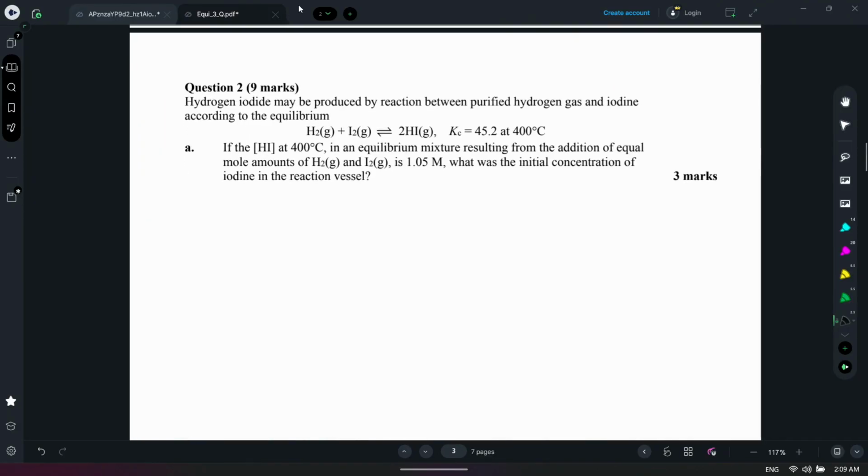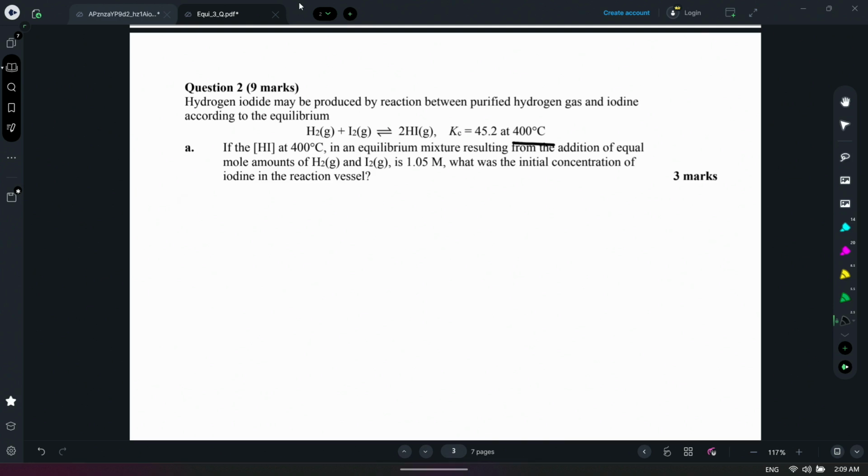Now, as you can see, question 2 says a reaction between hydrogen and I2 producing 2HI. K is given to you at 400 degrees. However, the question does not tell you whether it is exothermic or endothermic, right? Okay.